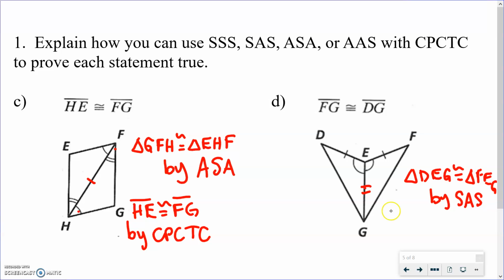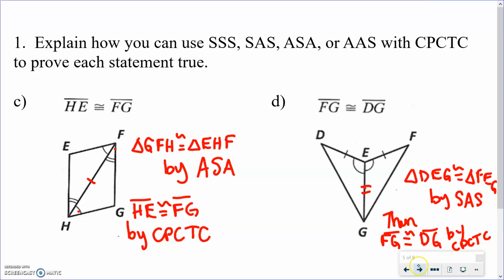Okay, and then we can say FG is congruent to DG by CPCTC.